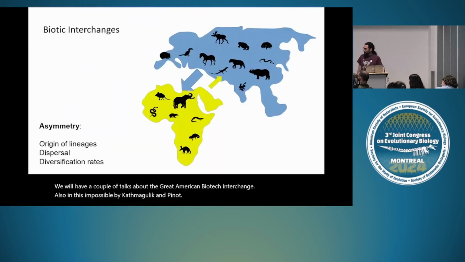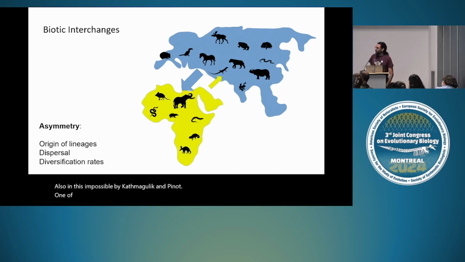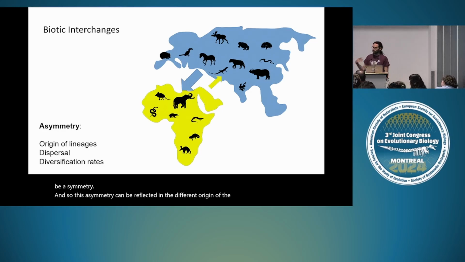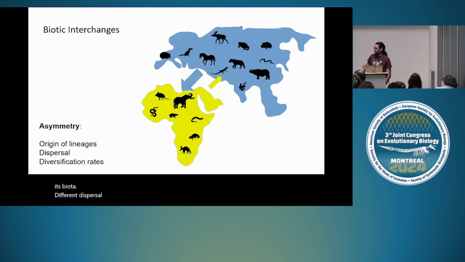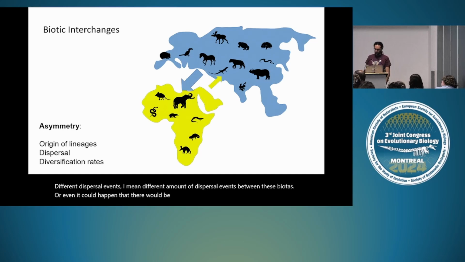Well, one of the most striking things that happens with biotic interchanges is that there seems to be asymmetry. And this asymmetry can be reflected in the different origin of the lineages that compose each biota, different dispersal events, different amount of dispersal events between these biotas, or even it could happen that there would be different diversification rates.